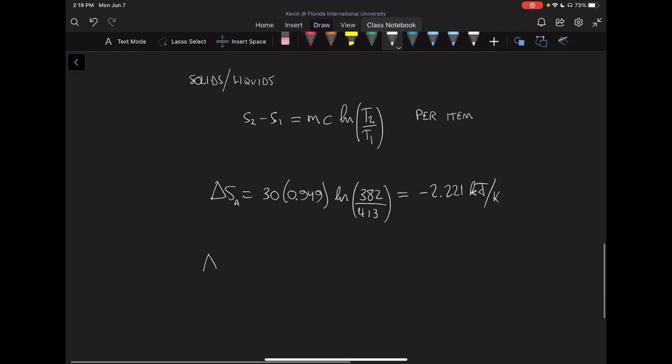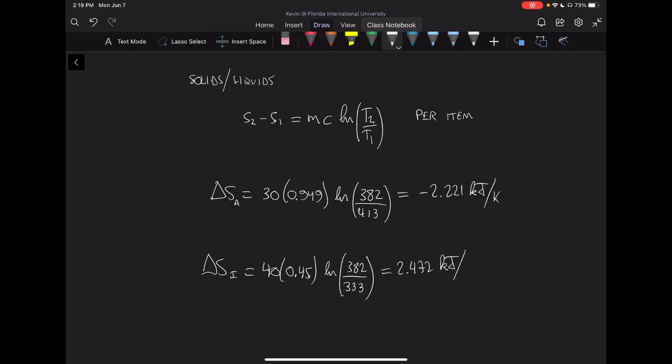We repeat the same thing for delta S of iron, and we get 40 times 0.45 times the natural log of 382 over 333, and we get a positive value, 2.472 kilojoules per Kelvin.